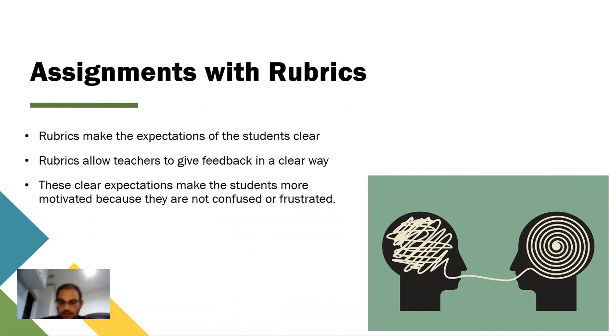Additionally, these rubrics give a clear way for teachers to provide feedback, and the students are more motivated when they have a rubric because they don't feel the same angst of not knowing what they're supposed to be doing, meaning they know they're on track with their assignment.